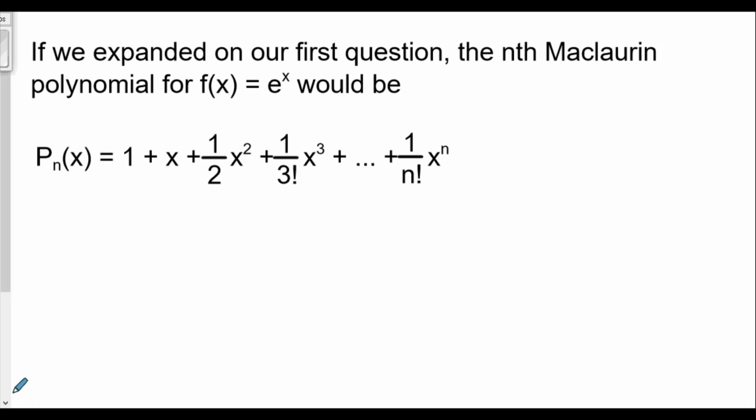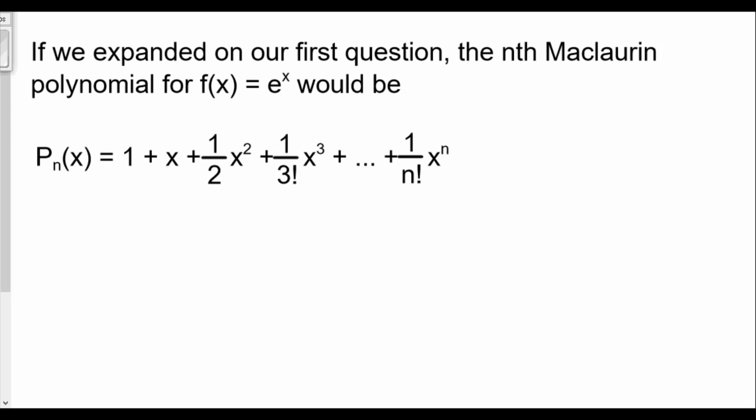Why is this the case? Because every derivative of f of x equals e to the x at 0 was just 1, so we just filled in 1 for the numerators. But we know it gets a little trickier.